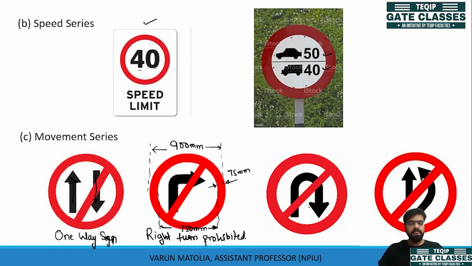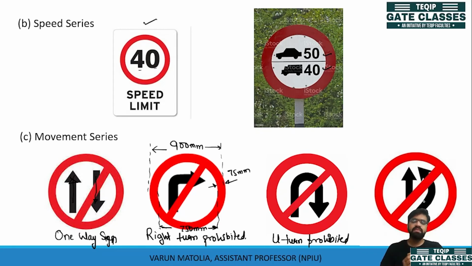The third sign, the black arrow mark, tells you about the U-turn operation which you are taking on the road. But this red cross mark tells you about the prohibition of U-turn. This is U-turn prohibited. This sign is provided at stretches where overtaking is not allowed, if one vehicle is moving and you are going to overtake.